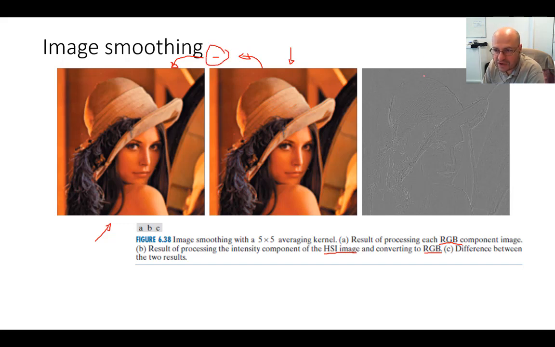And this is the difference. So you see that the processing is totally different. Although you don't see much change in hue, these markings here are all information that has been added by the averaging kernel. So no transformation is pure. When you manipulate an image, you are always transforming it in some sense.